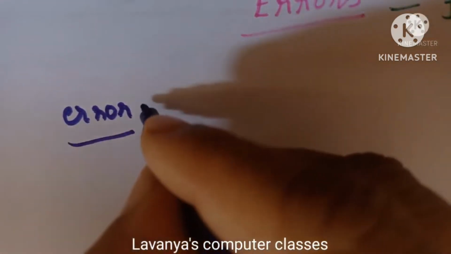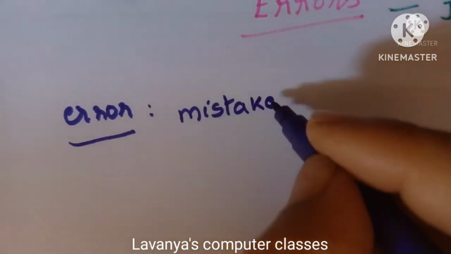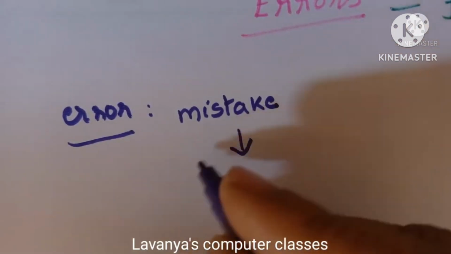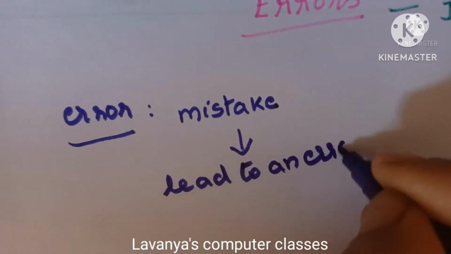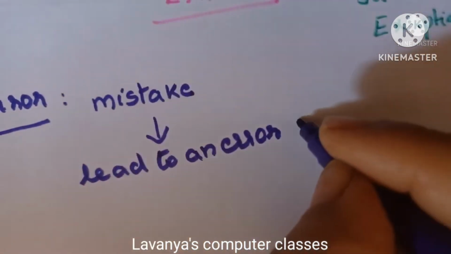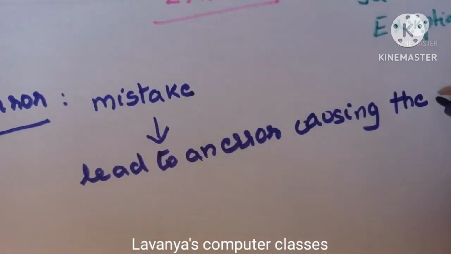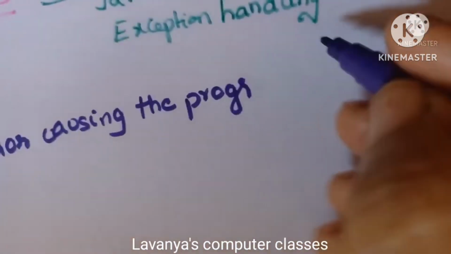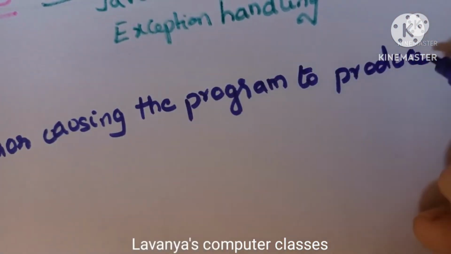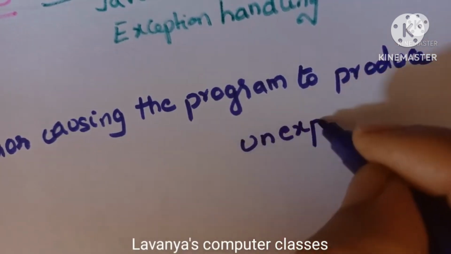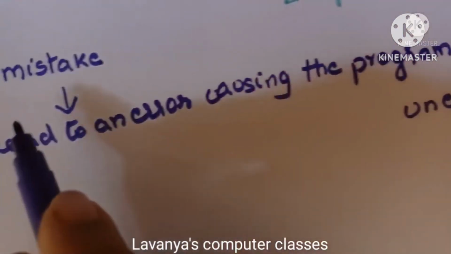Error. Error means nothing but a wrong, just a mistake. Errors are mistakes that can make a program go wrong. Because of the mistake, it leads to an error, causing the program to produce unexpected results.